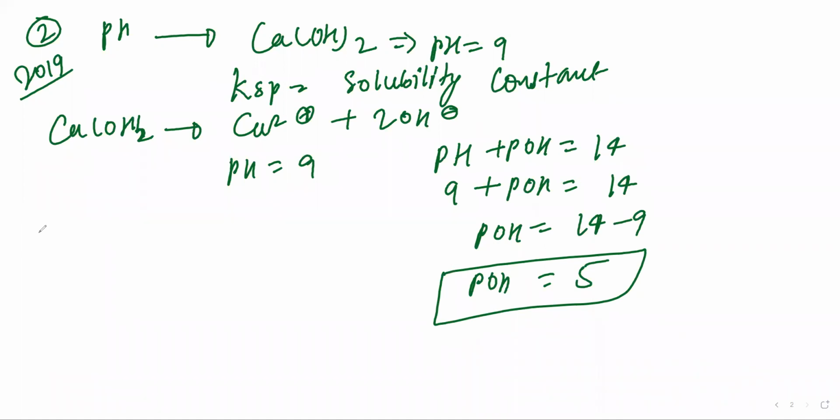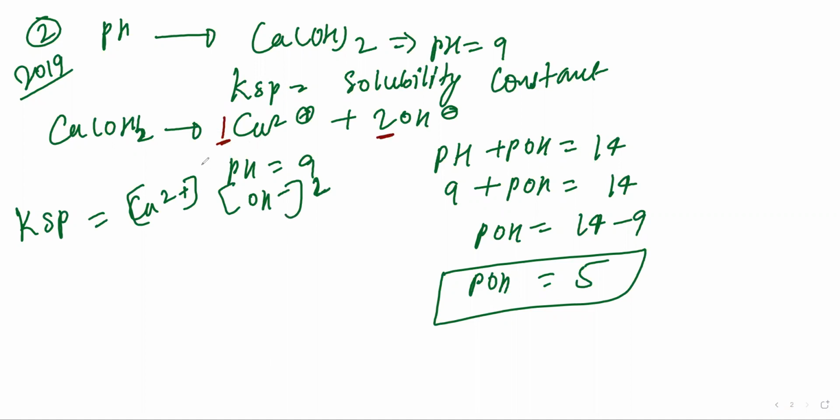We know the solubility constant Ksp is equal to Ca2 plus concentration into concentration of OH minus raised to 2. Why is it 2? Because its coefficient is 2. For calcium it is 1 and for OH minus it is 2.